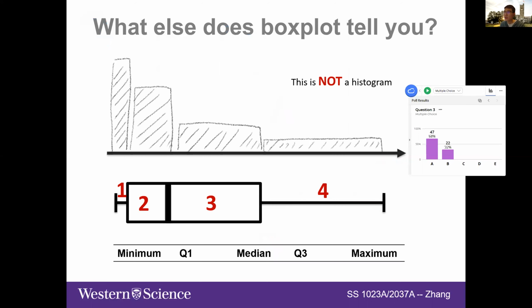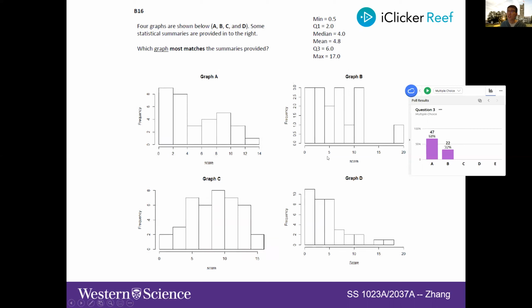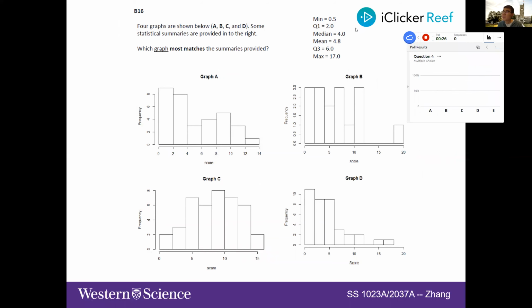Okay. So I'm going to show you a very similar or related question. Actually, this is taken from the previous practice question. It is not directly related to the box plot, but has something to do with the 5-number summary. So can you use your iClicker to choose which one you believe this 5-number summary should represent?